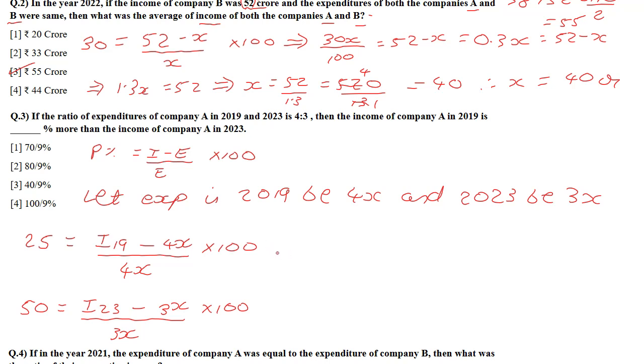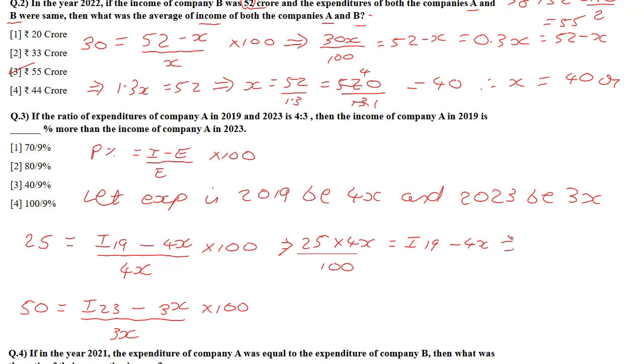All right, and 4x is division, it goes that side, it becomes multiplication. 100 is multiplication, it goes that side, it becomes division. So we have 25 into 4x upon 100 is equal to I19 minus 4x. All right, and 4 into 25 is 100, and 100 upon 100 will be 1.